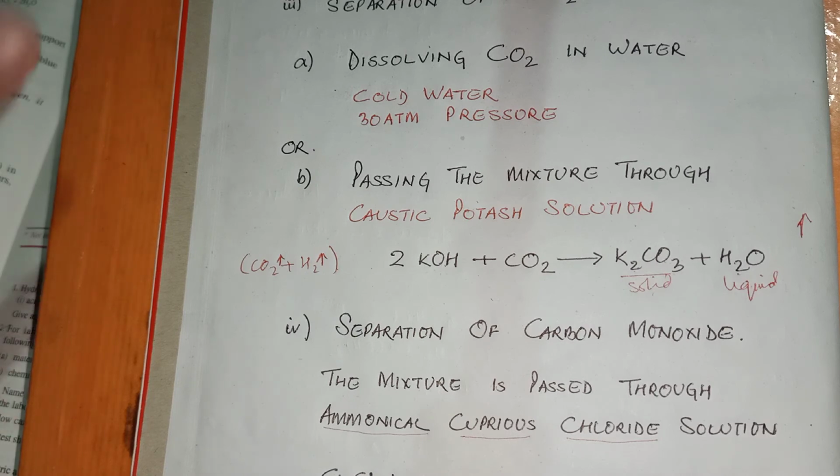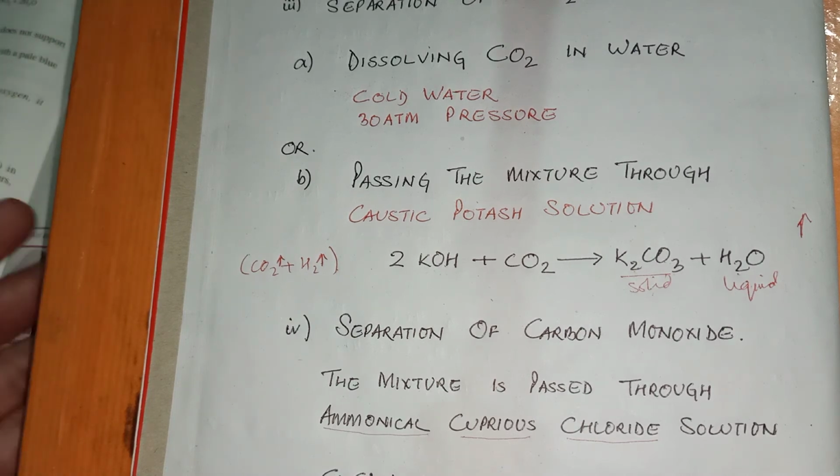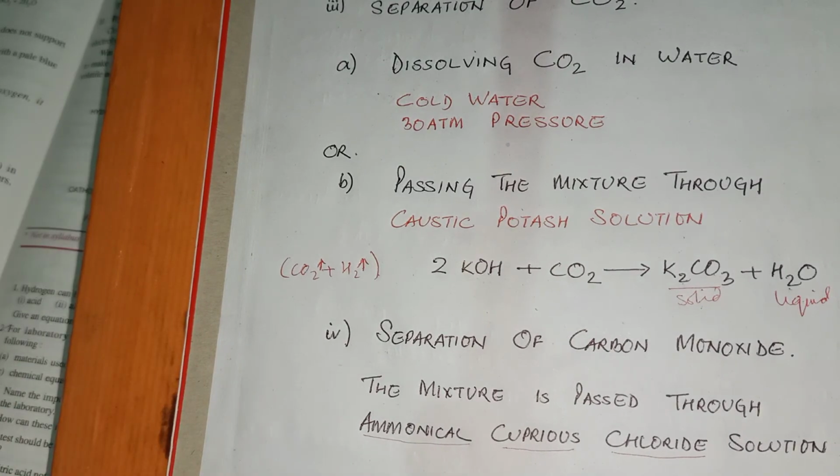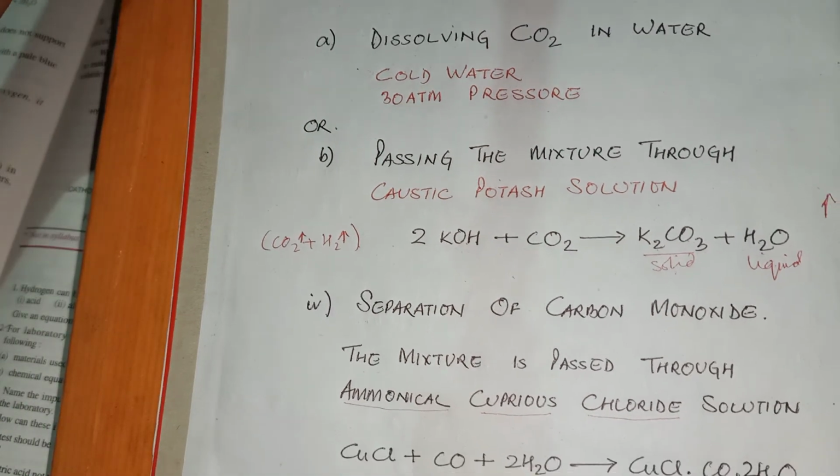So when we pass this carbon monoxide and hydrogen gas mixture through ammoniacal cuprous chloride solution, then carbon monoxide reacts with cuprous chloride and water to produce a complex compound.